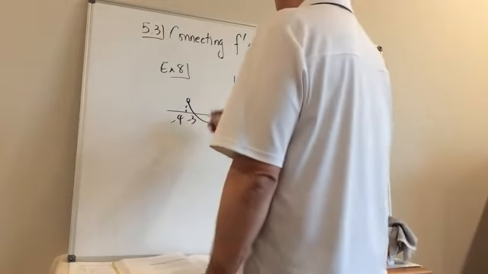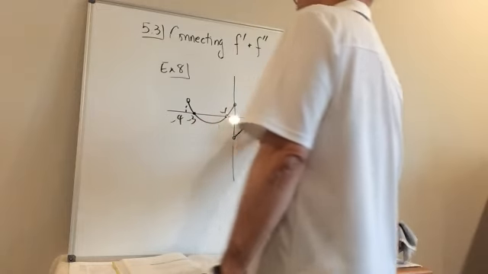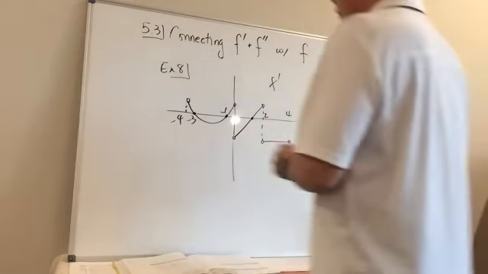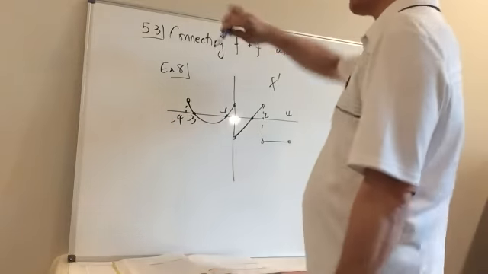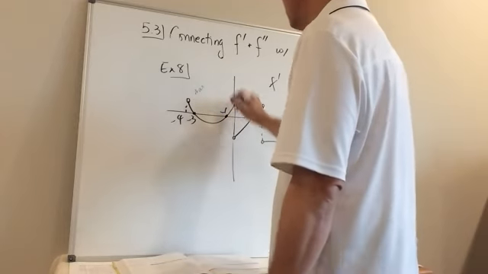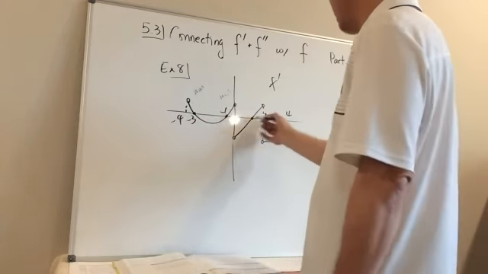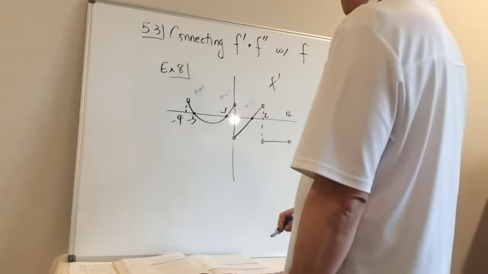So when f prime is equal to 0, I'm going to go from positive to negative, right? So I'm going to have a local max here, local min here, because I'm going from negative to positive. From here, again, I'm going negative to positive. So I'm going to have a local min here again, right?